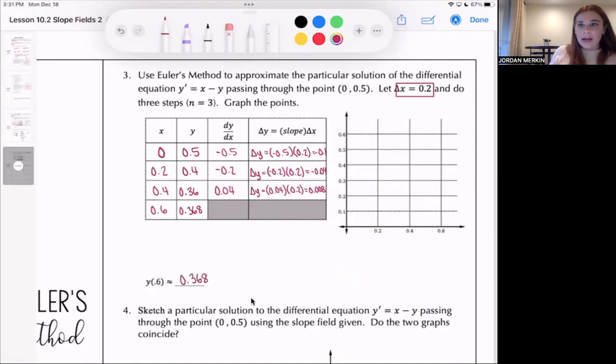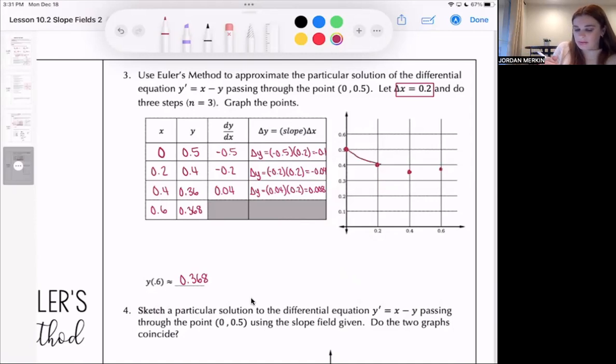Okay, so what we can do is start plotting those points: 0, 0.5, 0.2, 0.4, 0.4 is 0.36, 0.6 is about 0.368. Well, it's coming up a little more than that, maybe.